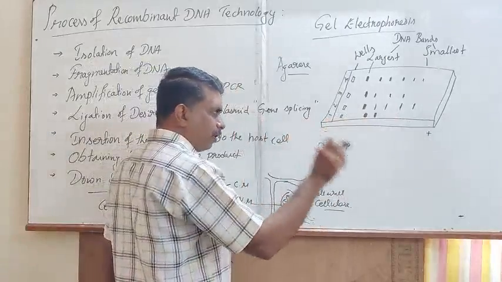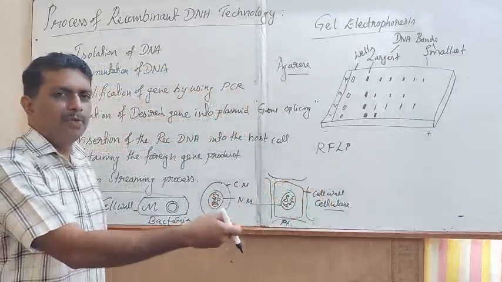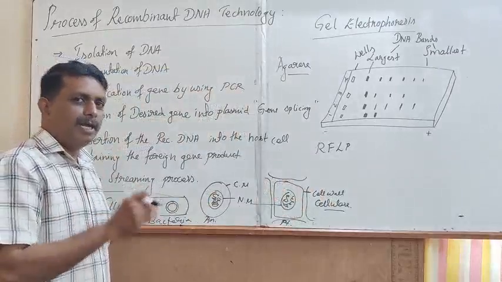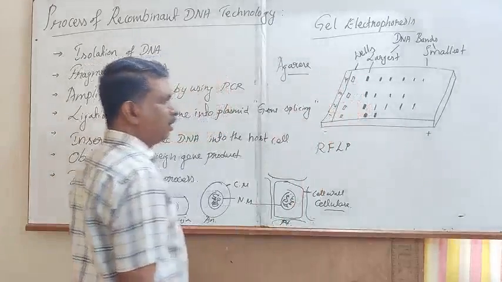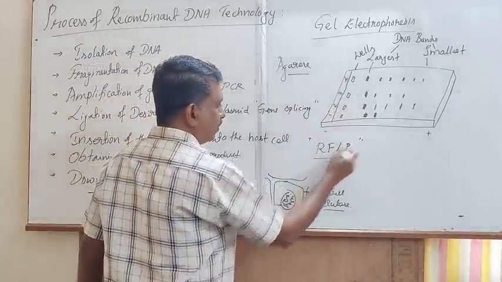Smaller DNA with less molecular weight will move very fast, whereas larger DNA with high molecular weight will move very slowly, resulting in the formation of restriction fragments.